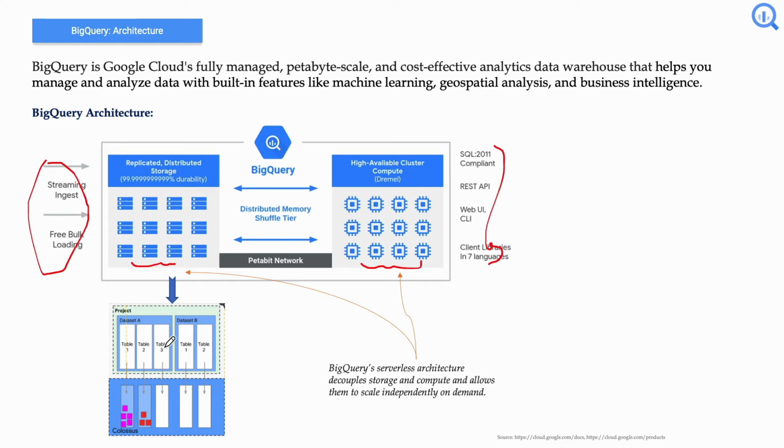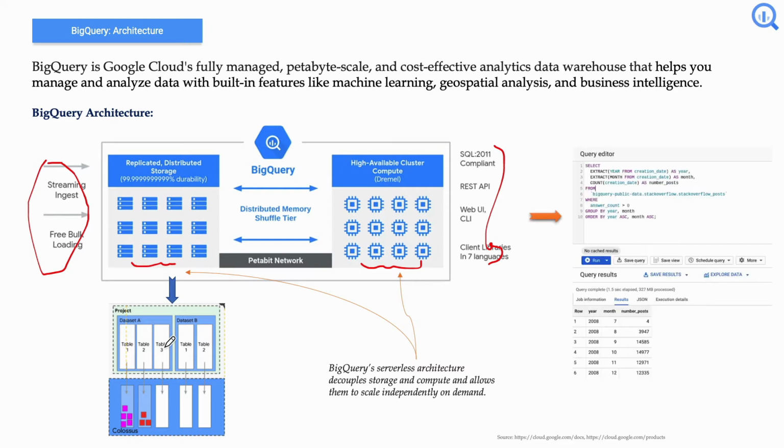Now all of this data is stored underneath in a file system called Colossus. That's Google's file system, and pretty much the same file system is used for all other services like Cloud Storage, or in fact Bigtable, Spanner, and all of those.